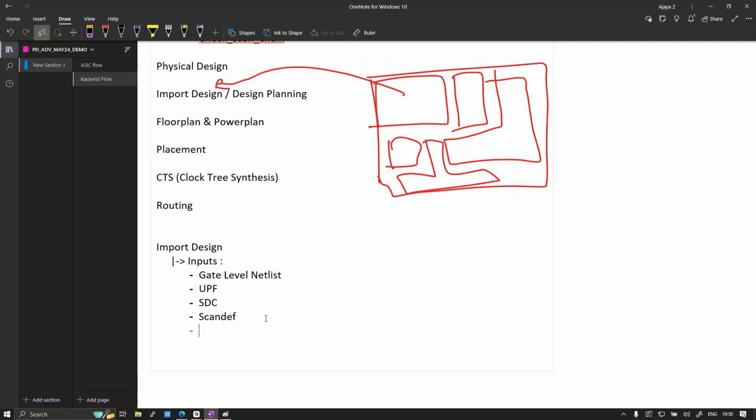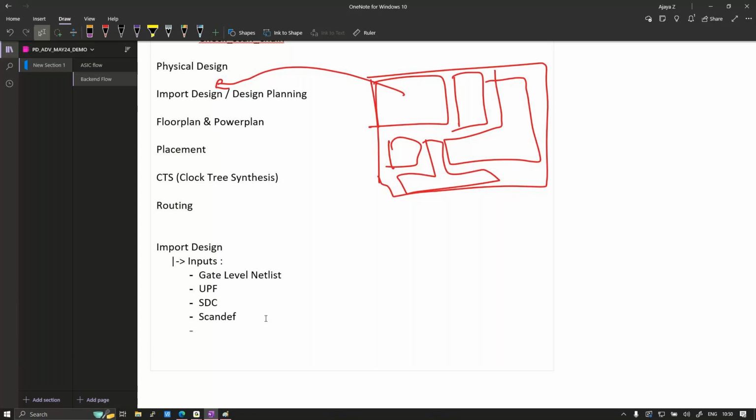And some more files are required here. As I'm working in layout representation, I need the technology related information. So when I'm saying technology related information, I need metal layer related information. That means routing, where my wire can route, how it can route.